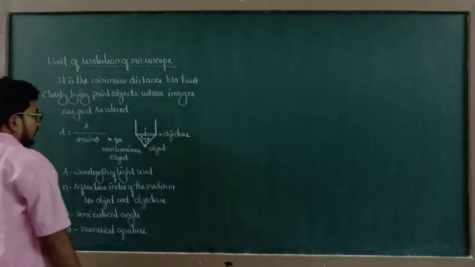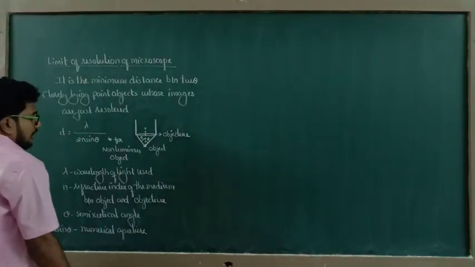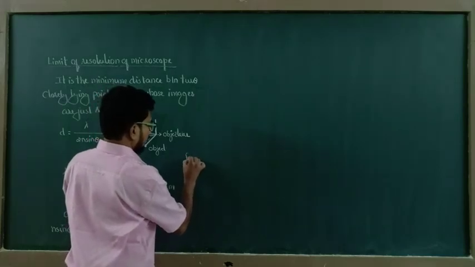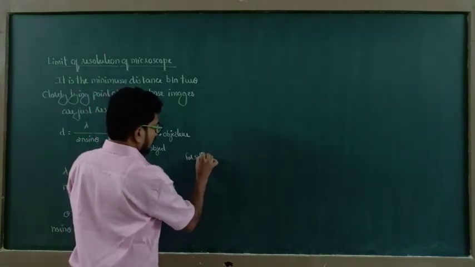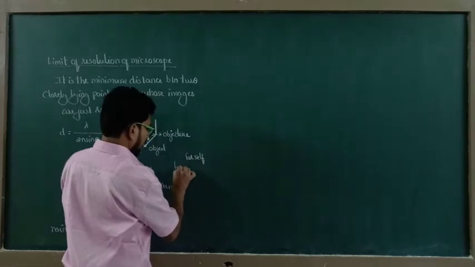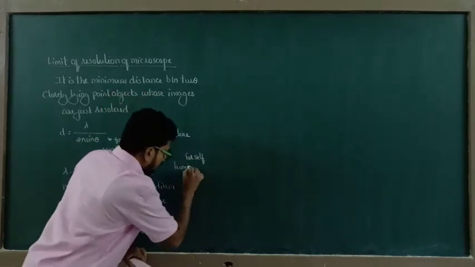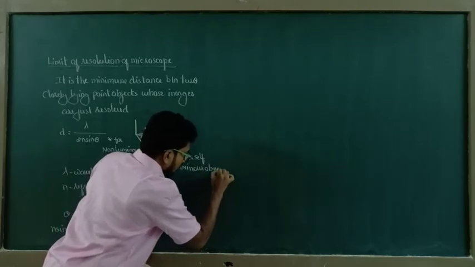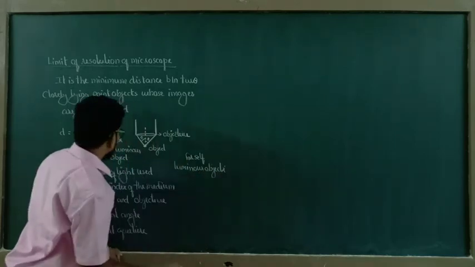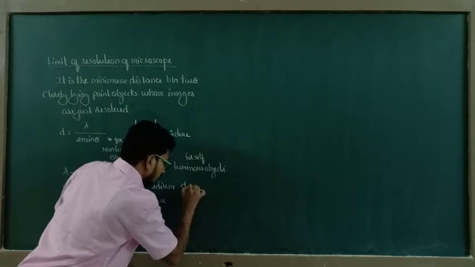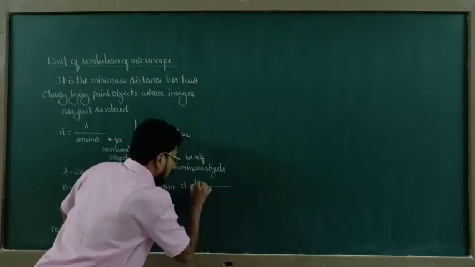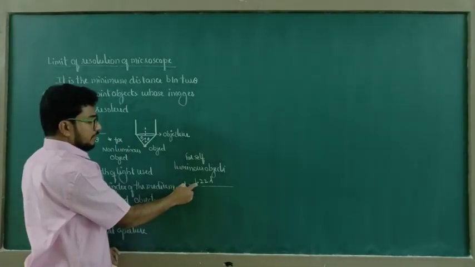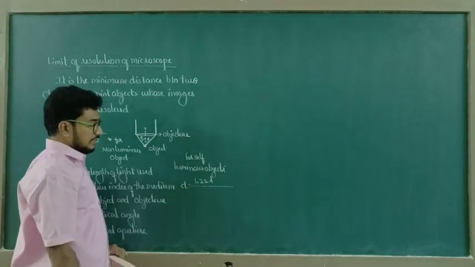For self-luminous objects, d is equal to 1.22, that is the correction factor.